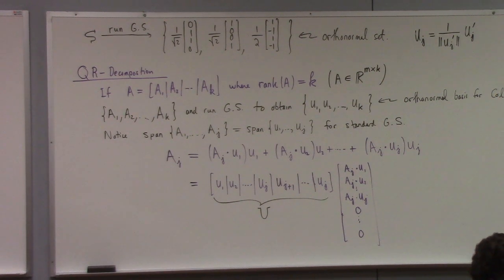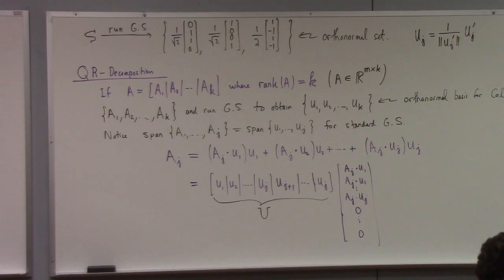And then I've got U times A1 dot U1, A2 dot U2, and then zeros. Let me put a different color for my column separators here. I'll put these in purple to see them better.